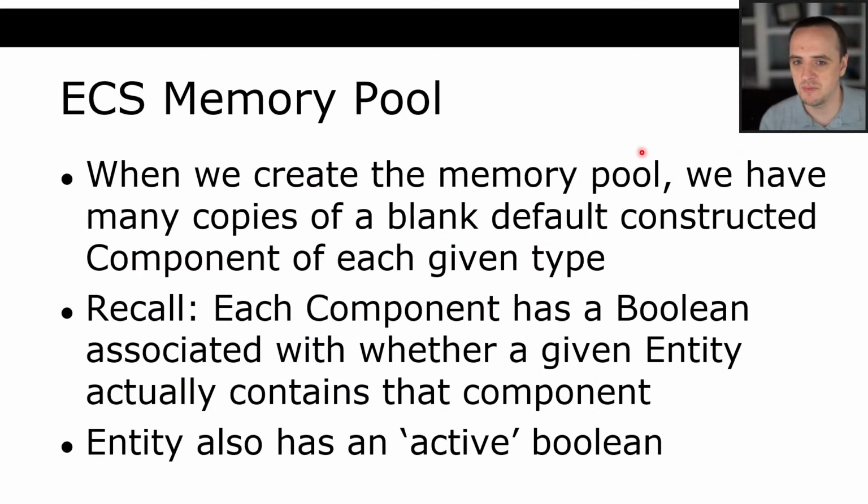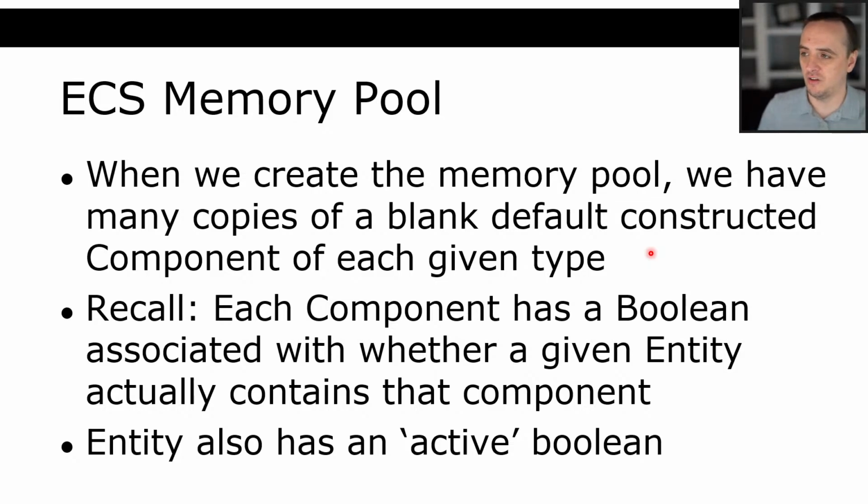So when we create the memory pool, now there's one other thing that we have to worry about. What we have done is we've created many copies of blank default constructed components of each given type, right? So each component has a Boolean associated with it, whether or not an entity actually contains that component.